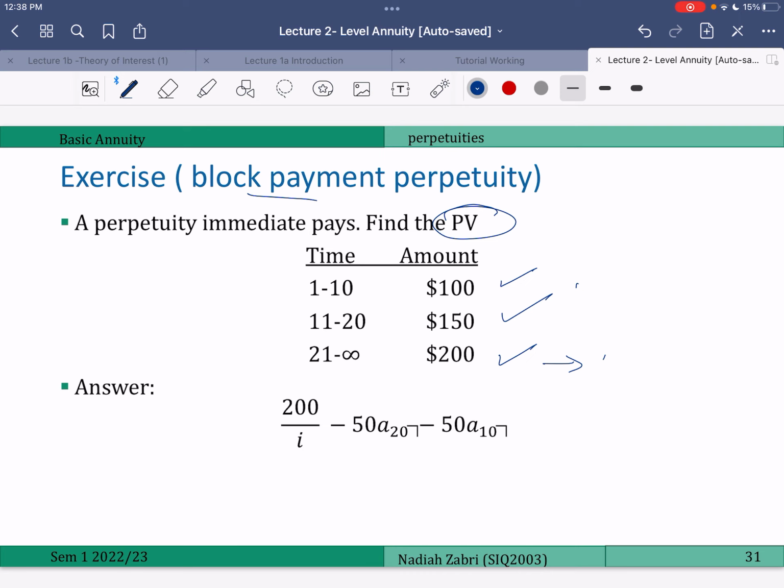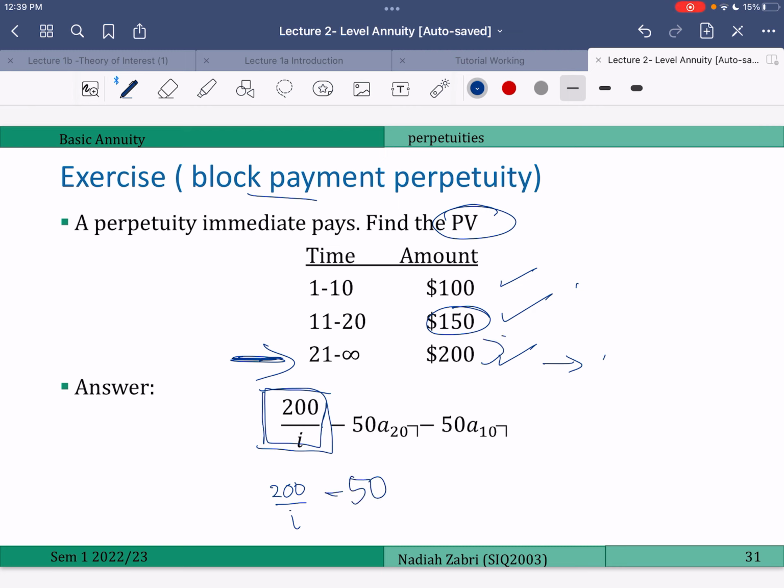The very end, the last block, is the third block, which is $200 for infinity. So you do 200 over i. And then the next block is 150, so the difference between 200 and 150 is you minus 50.